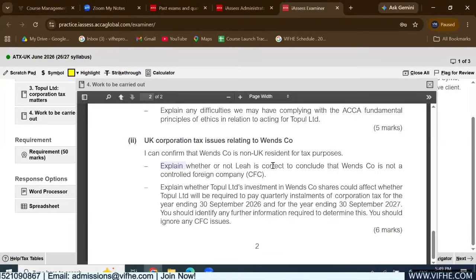You will have to challenge the statement made by Lee in respect of Vendsco. And if you're going to challenge this, that means you are going to apply your professional acumen skill. So we will first have to identify whether the statement passed by Lee is correct or not, and whether the company falls under the definition of CFC or not.